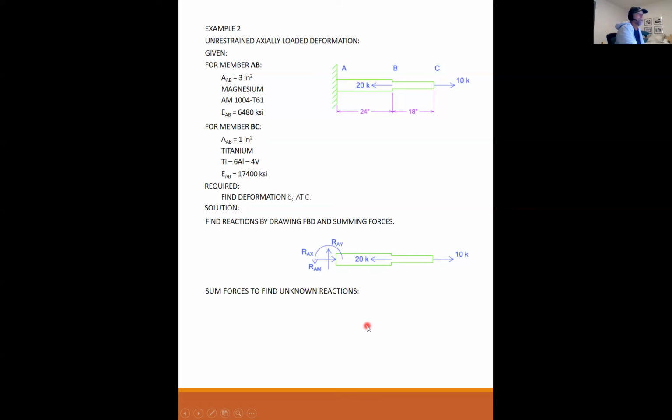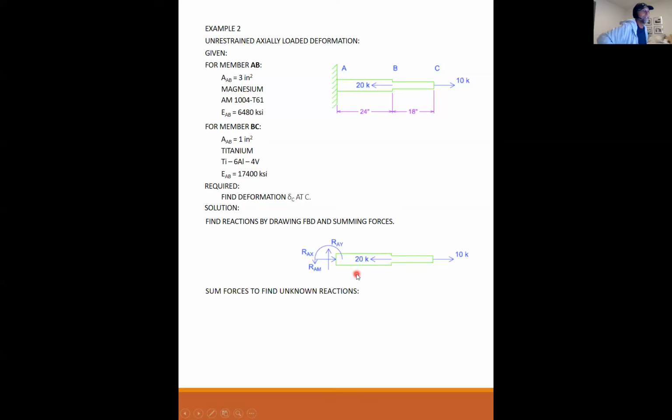And here are my unknown reactions, because this is fixed at A. Now, I do recognize that it's obvious that the resisting moment is going to be 0. The resisting A sub y is going to be 0 because there's no twisting moment and there's no vertical loads on this thing. So I understand that the reaction at A in the x direction is the only non-trivial answer.